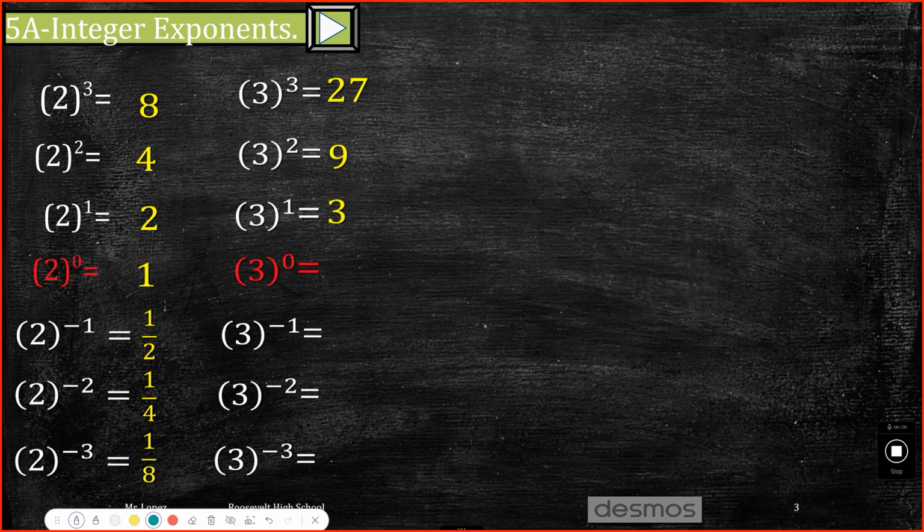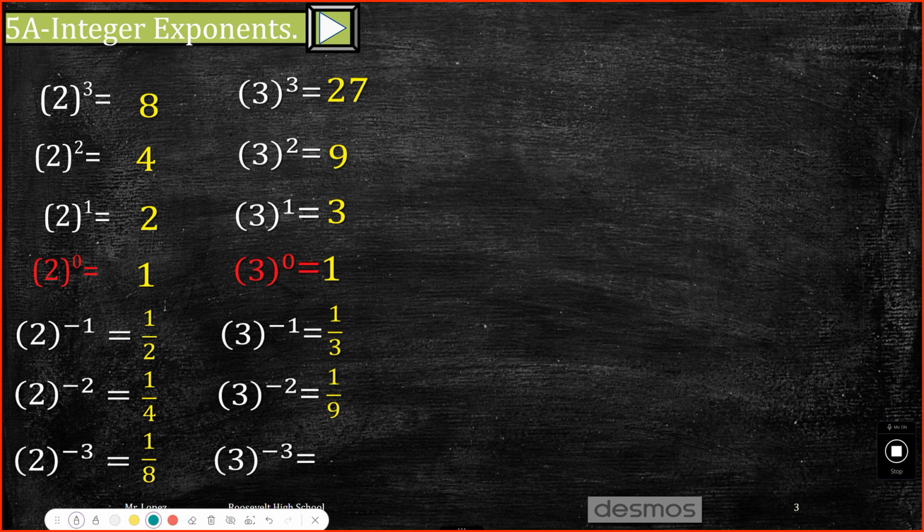Rosalind, 3 to the 0 power is 1. Ulises, 3 to the negative 1 power. 1/3. Leonardo, 3 to the negative 2 power. 1/9.